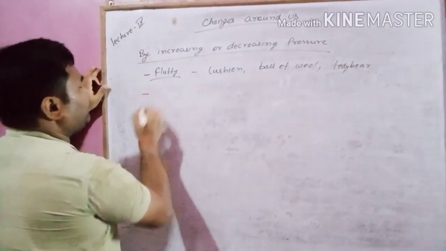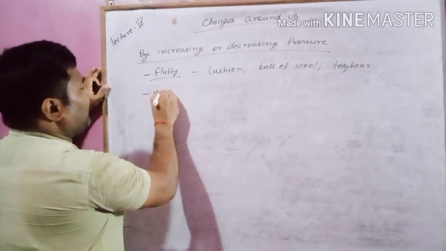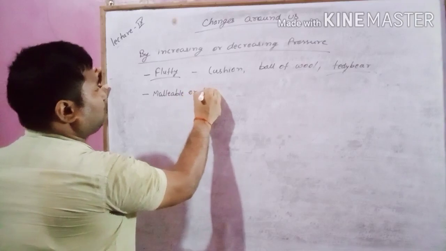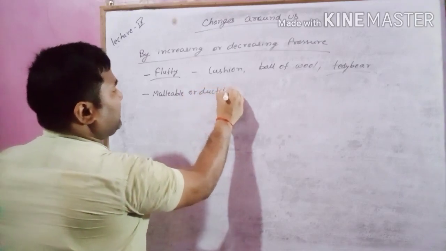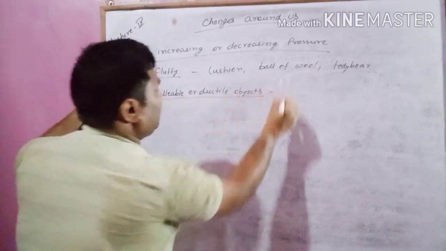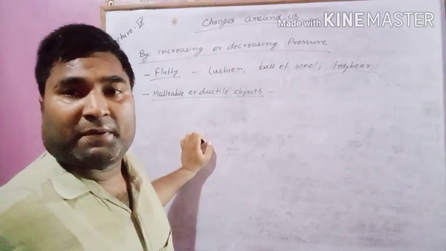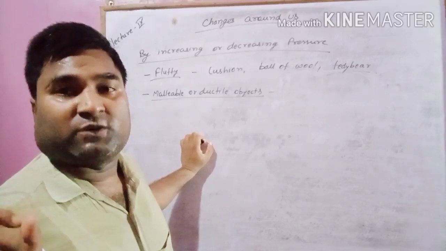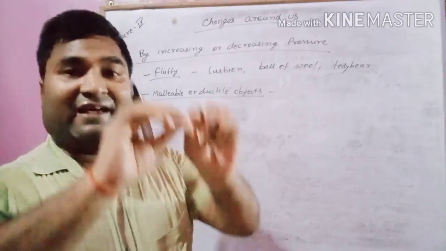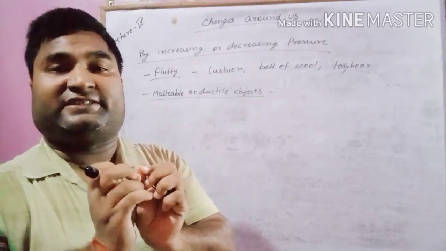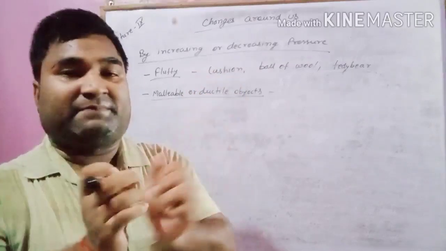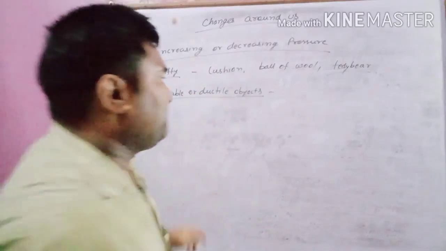Next, if the object is malleable or ductile, like metallic wire. Copper wire is also a solid, but you can change its shape. Aluminium wire can also have its shape changed. An iron bar can change its shape by applying pressure.